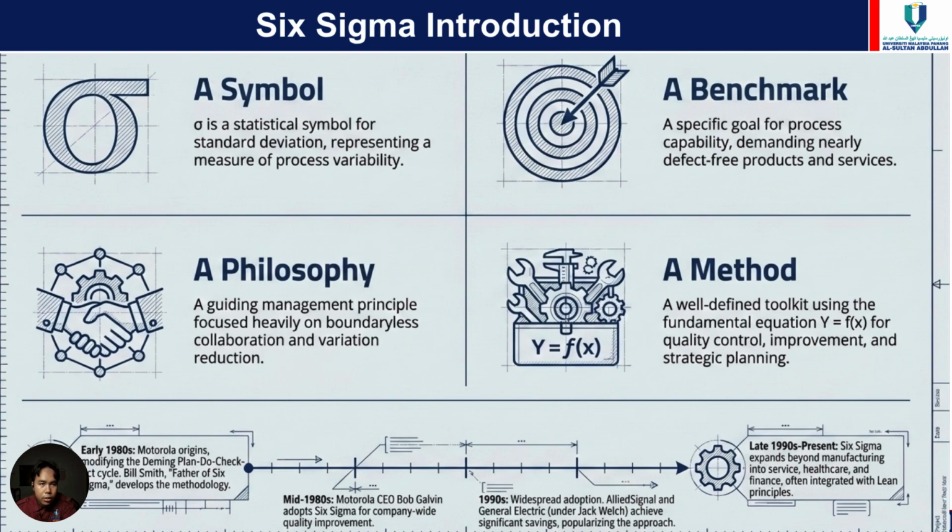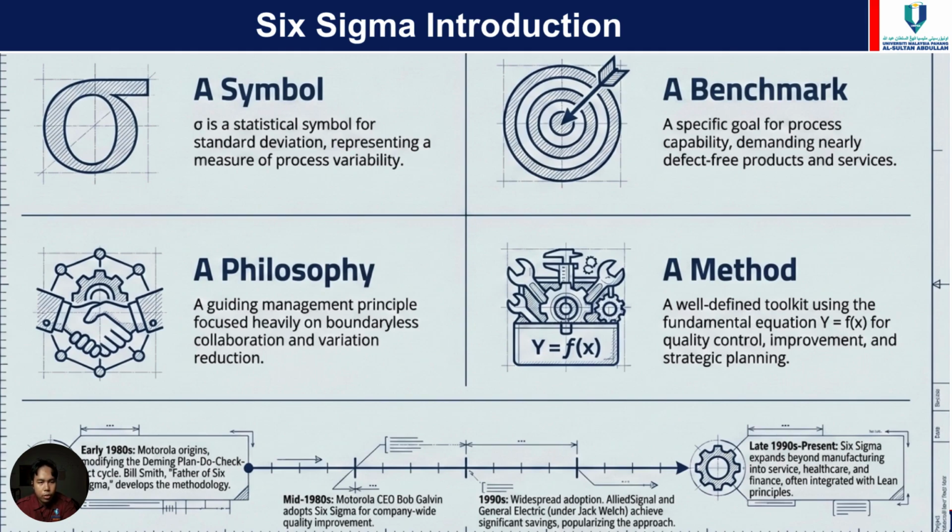So Six Sigma was introduced in the early 1980s, with its origins at Motorola, and then after that it was modified by Deming's Plan-Do-Check-Act cycle by Bill Smith, who is currently known as the father of Six Sigma.